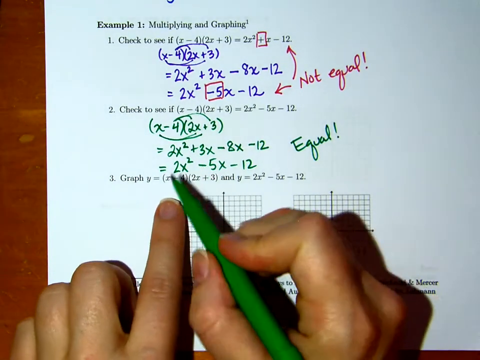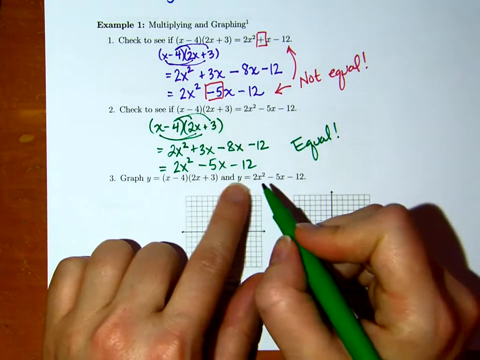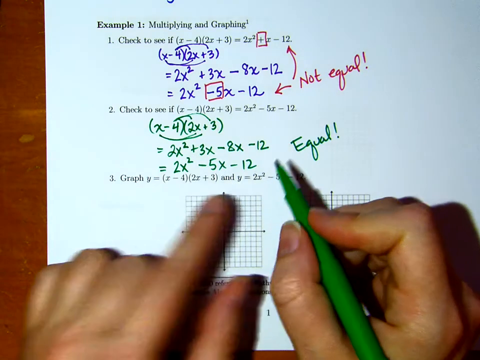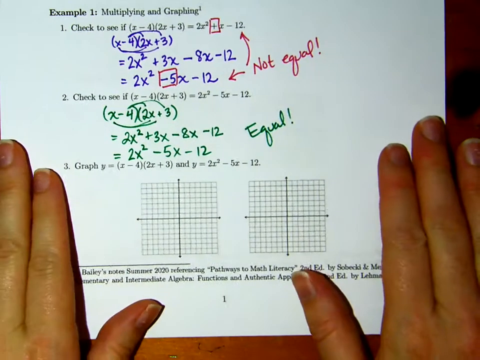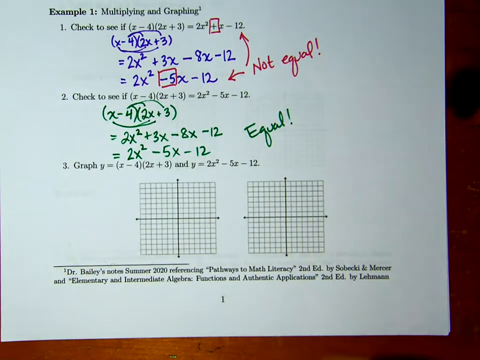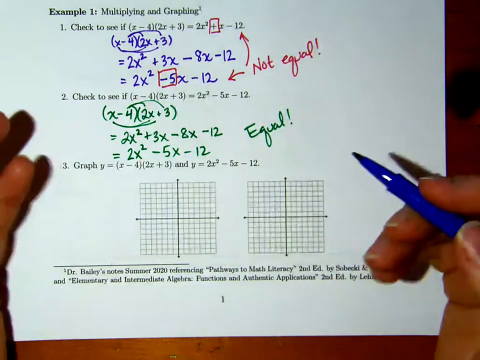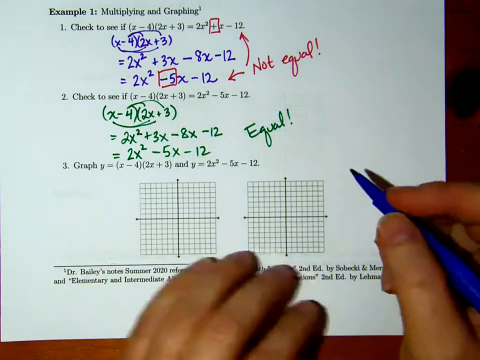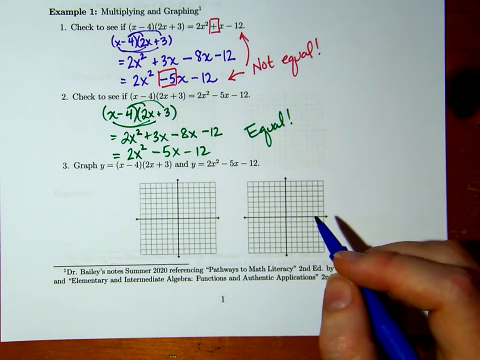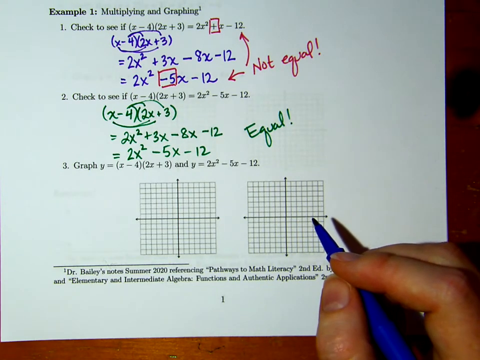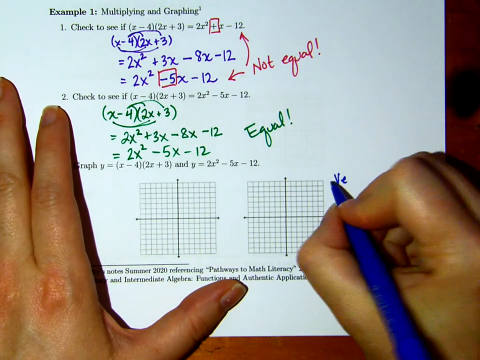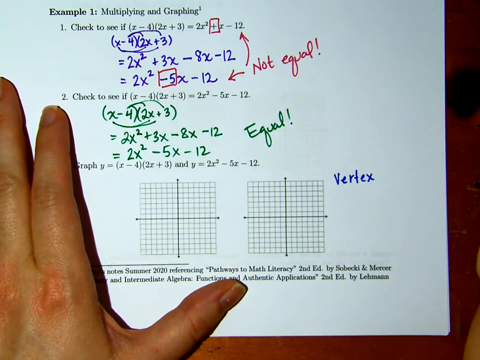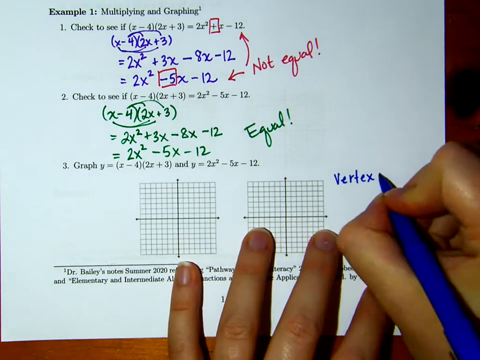Graph the factored form and graph the general form of these quadratics. Okay, here we go. Now, when we start graphing, immediately I think that we're going to need some pieces of this, and we're going to use our graphing calculator too. So if these are quadratics, then it's really important to know where the vertex is.